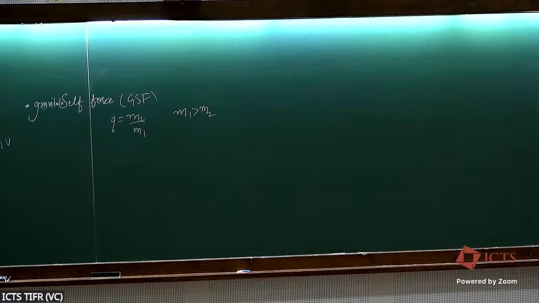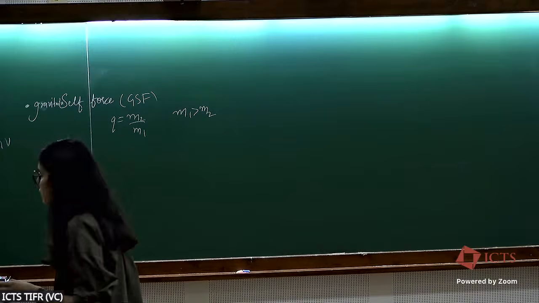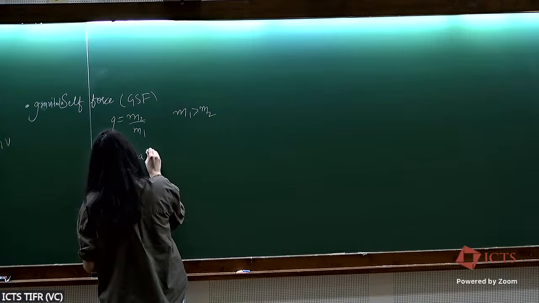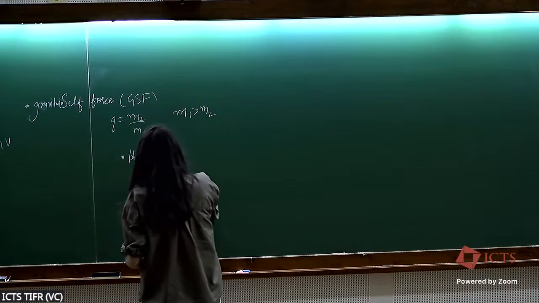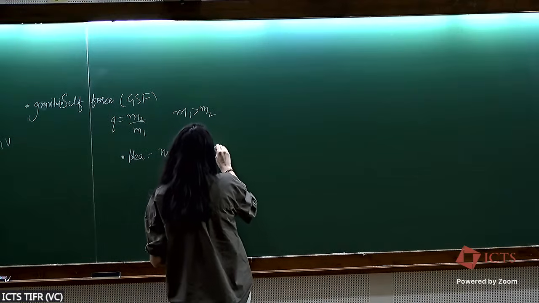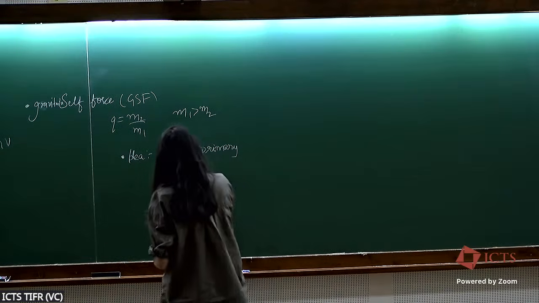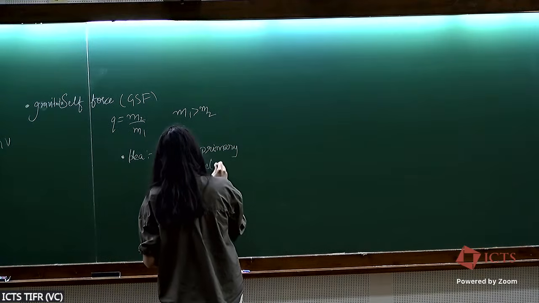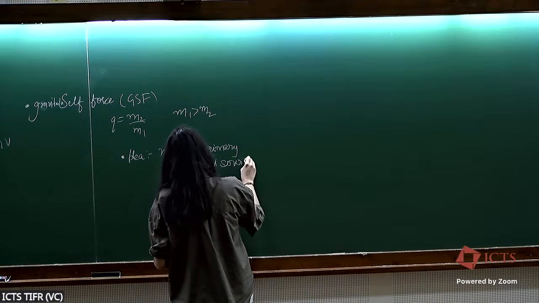This test particle's trajectory is only determined by this Schwarzschild black hole. But if this is not a test particle, it has some mass m. So its field will also start impacting its trajectory. So the basic idea is, not only the primary object's field sources the trajectory.